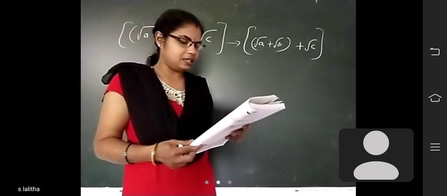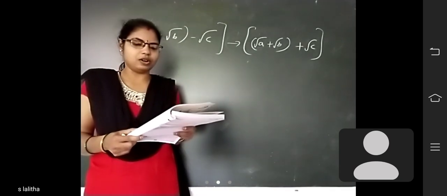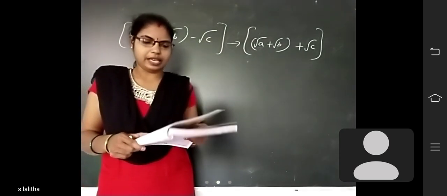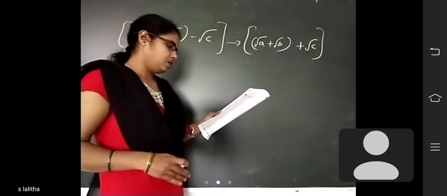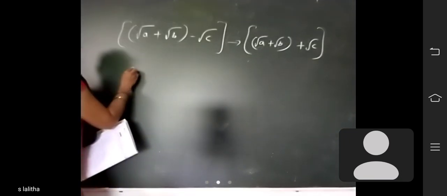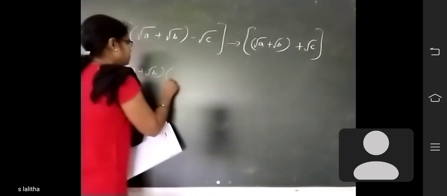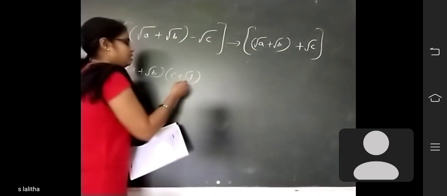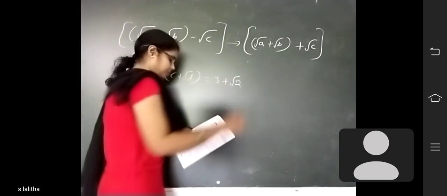Next are the examples. If (a plus root b) into (c plus root d) is equal to 3 plus root 2, then (a minus root b) into (c minus root d) is equal to what? See here what is given: a plus root b into c plus root d is 3 plus root 2.